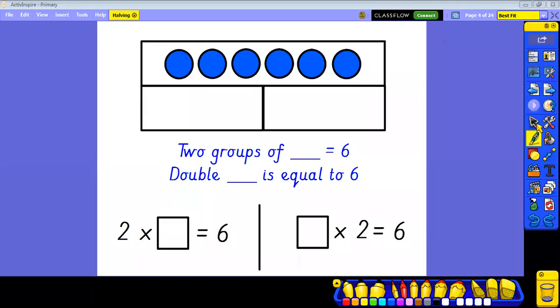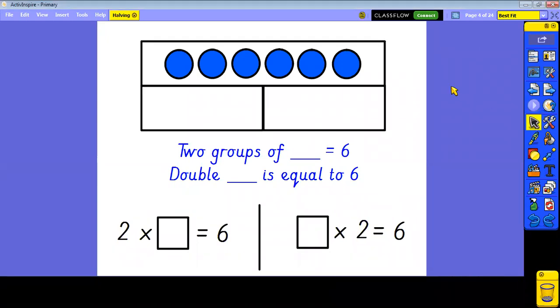Okay, so let's have a look at that in the context of a bar model. We had 6 children, so that was our whole number of children that we're starting with, which is why we're starting with 6 counters in our whole, because we had 6 children and they wanted to play on the seesaw. So that means we had to split them in half.